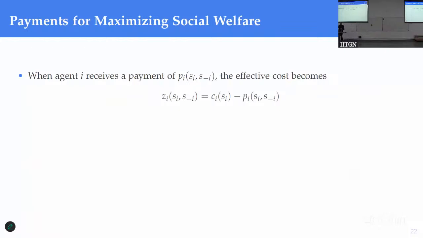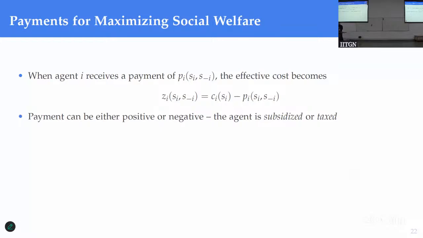Once we have introduced payments, the effective cost is the cost minus the payment. The interpretation is that if your payment is positive, you are alleviating the cost to the agent, so the agent is being subsidized. If it is negative, you are charging that agent its cost plus some additional payment, which means it is being taxed.